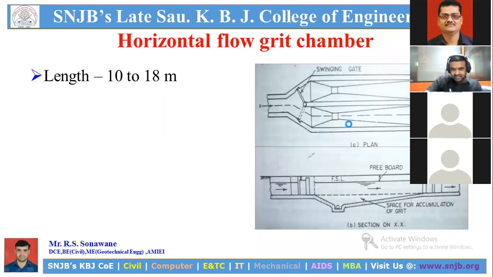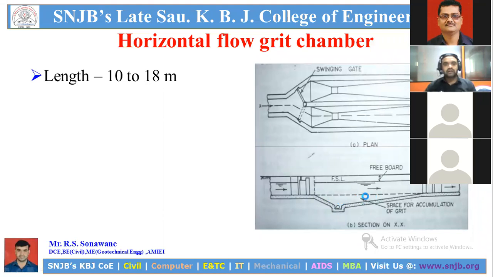This is the assembly where the grit can be deposited and through which it can be removed. So this is the space for the accumulation of grit. Is that clear? And on the right side, the sewage flows on for further processing.